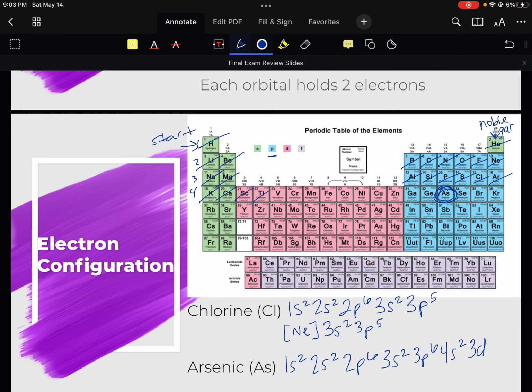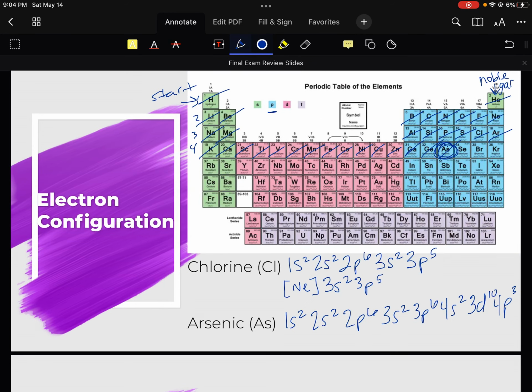It says 3d, so we're just going to count 9, 10. So there's 10 of those, and then this goes back up to 4p, 1, 2, 3. So I just write 4p3, and that's where I stop. To do my noble gas configuration, let me erase.